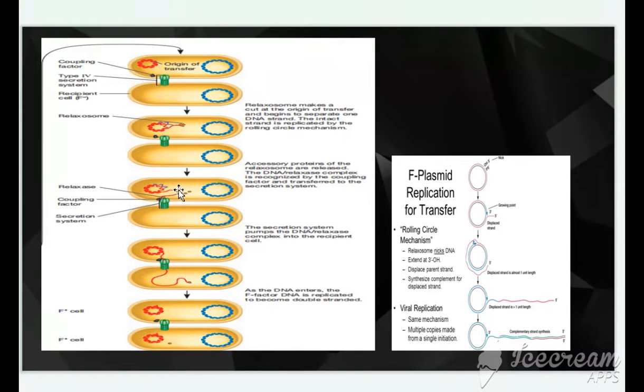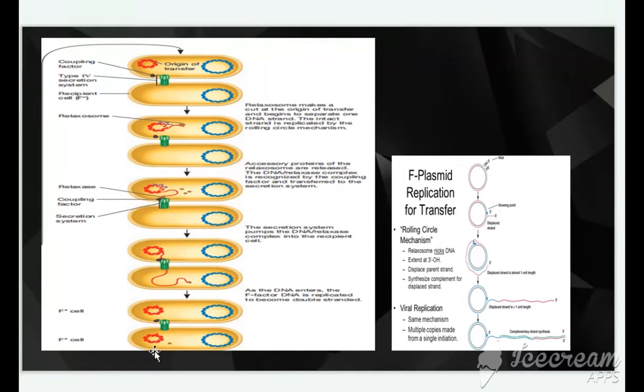So relaxase cannot go alone. It will perform its function and go through the sex pili only if there is a coupling factor. So this coupling factor will come to relaxase and take it to that location. After that, what is going to happen? The DNA is going to transfer from the donor cell to the recipient cell. As you can see here, it is going to transfer. And as I said, the complementary strand has already started forming.